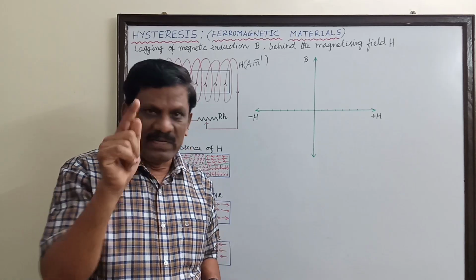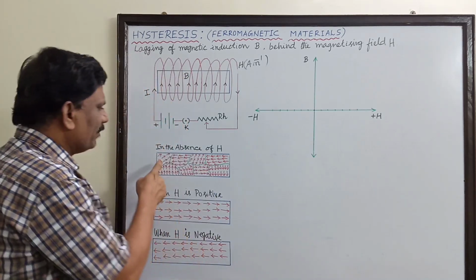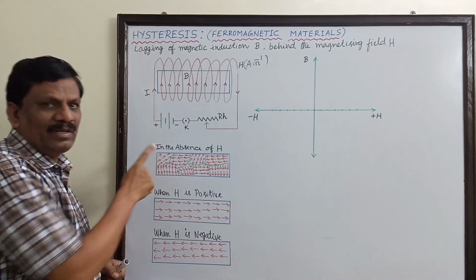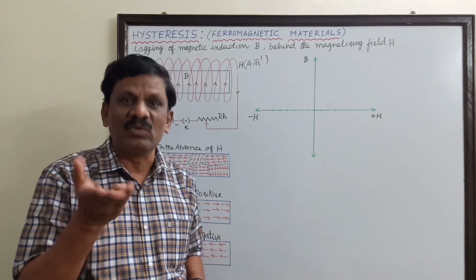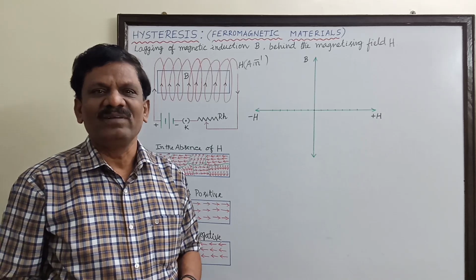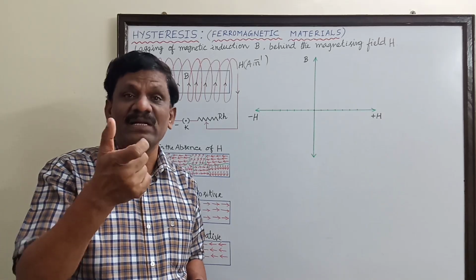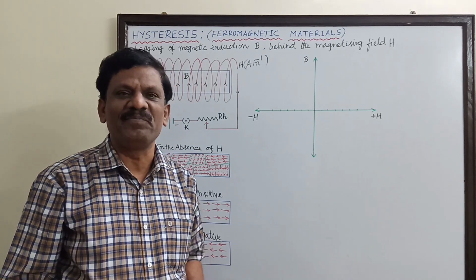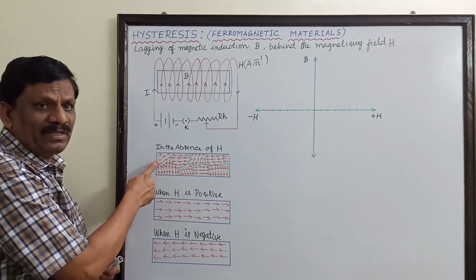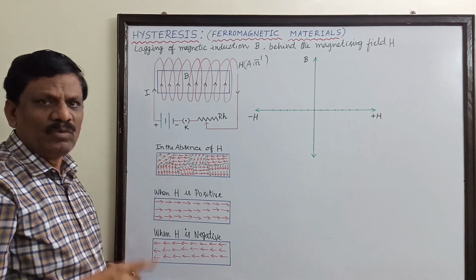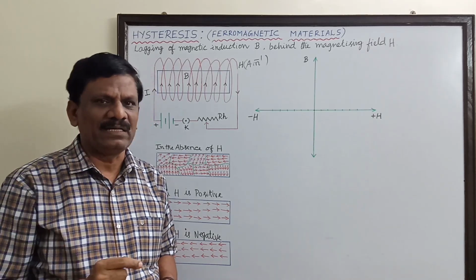All the molecules or atoms present inside the iron rod are represented by these arrows, because we have studied that each atom of a ferromagnetic substance has a north pole and a south pole. Each atom has a permanent magnetic dipole moment. So here each arrow represents the direction of the magnetic dipole moment of one atom.